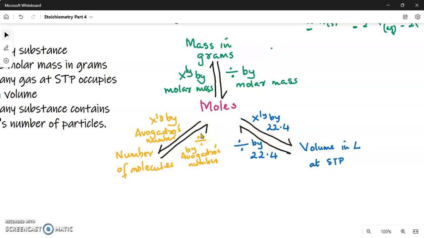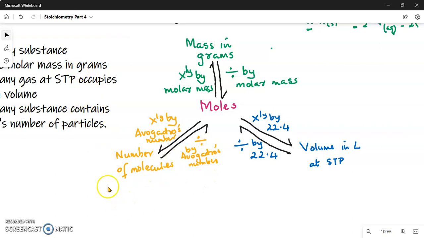Similarly, if you have the moles of a substance, you can find the number of molecules of that substance by multiplying with Avogadro's number, which is 6.023 times 10 raised to 23. And if you have the number of molecules of any substance, you can convert it into moles by dividing the number of molecules by Avogadro's number.